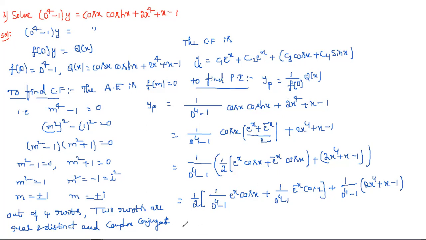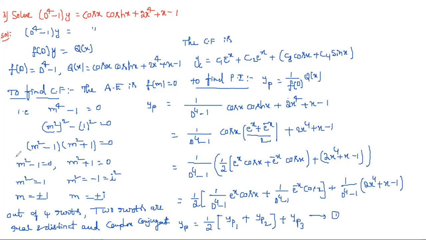Now let it be taken as y_p equal to 1/2 into, so this one you can choose as y_p1 plus y_p2, and next one, plus y_p3. y_p1, y_p2 and y_p3. Let me take it as equation 1.